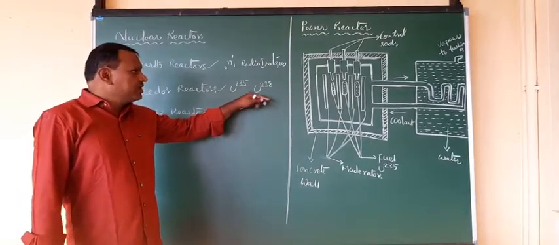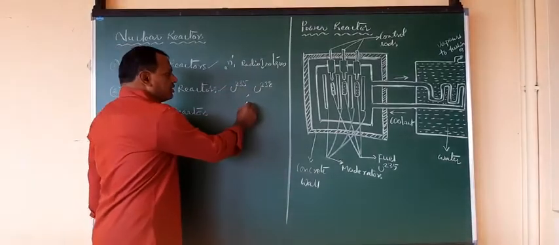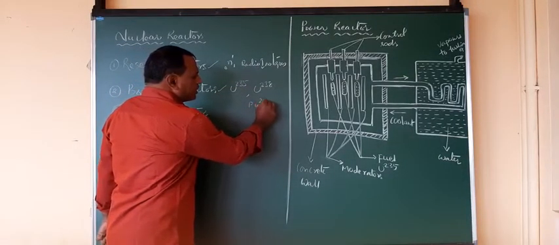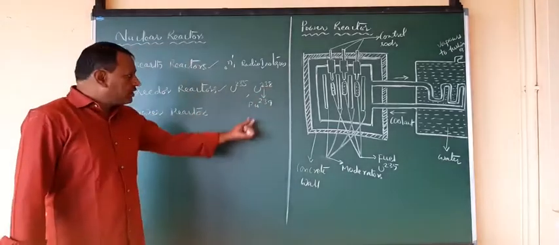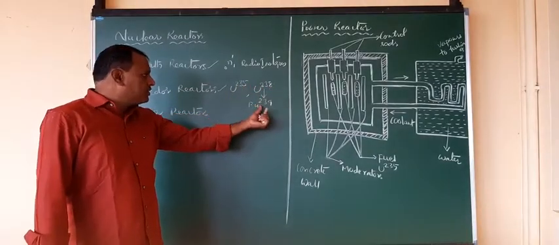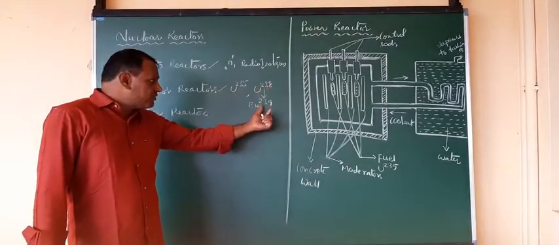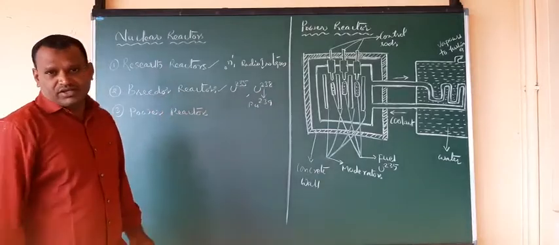So it should be converted into a fissionable one, that is plutonium 239. This is converted to plutonium 239. Now plutonium 239 is fissionable. We are converting non-fissionable to fissionable. This type of reaction we observe in the reactor which is called the breeder reactor, right?